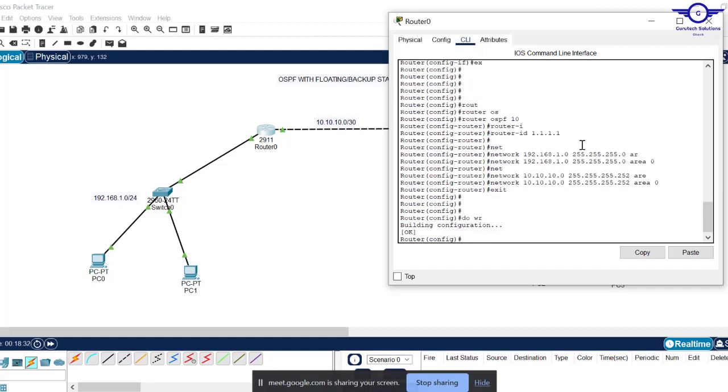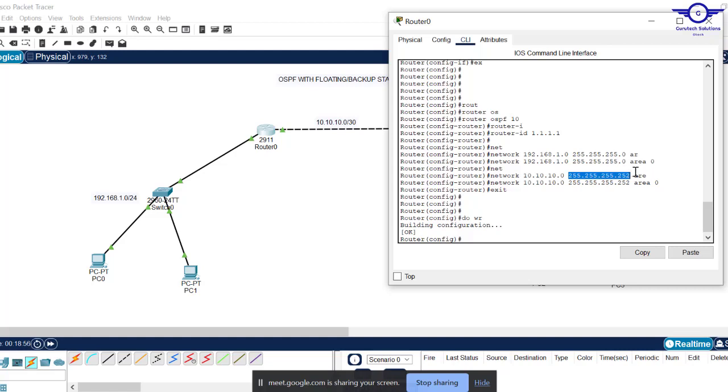What I wanted to say is that when we are configuring OSPF and EIGRP, we normally use what is called a wildcard mask. The wildcard mask is an inverse of the subnet mask.